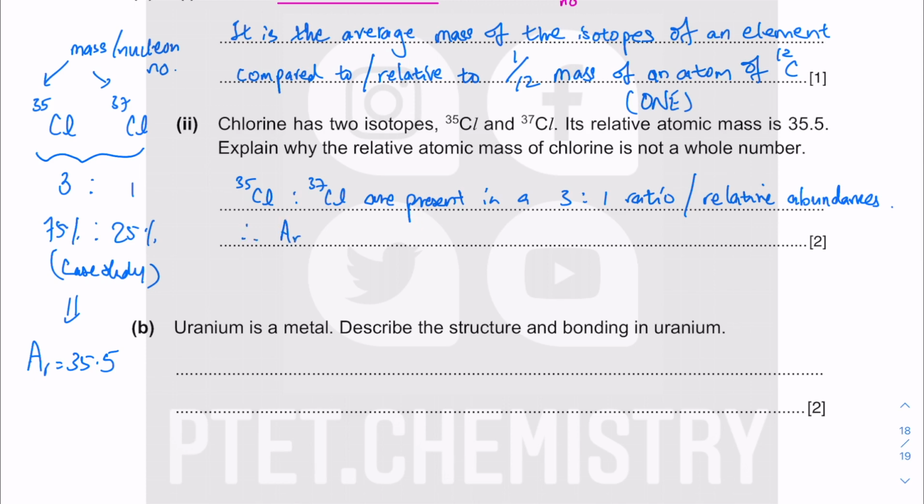Therefore, the relative atomic mass of chlorine is going to be 35 times 3, there are 3 of these chlorine-35, plus 1 times 37, or you can do 37 times 1, it's the exact same thing, divided by, because we want the average mass, we divide by the total, which is 3 plus 1, and this is down to your mathematics.